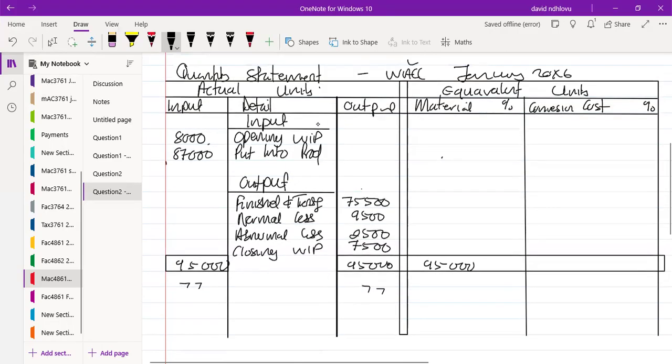Any questions on the calculations so far, good people? Are we clear? Right, you have to understand that. Process costing, if you can't do the quantity statement, you are in trouble because everything depends on the quantity statement.